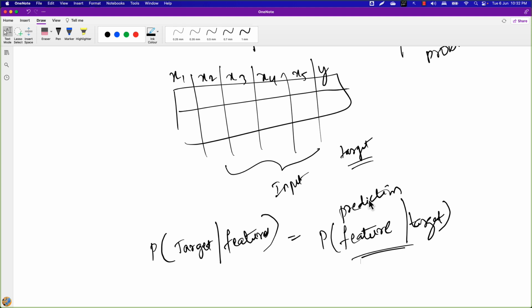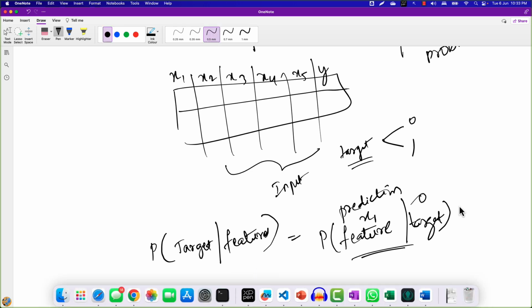Let me repeat this as it's very tricky and there is a very deep intuition behind this. So let us consider I'm dealing with binary classification where I've got two classes, 0 and 1. Now what I'm trying to say is, what is the probability of occurrence of the feature x1 if my target I have known as 0? And obviously you will apply the other terms over here.